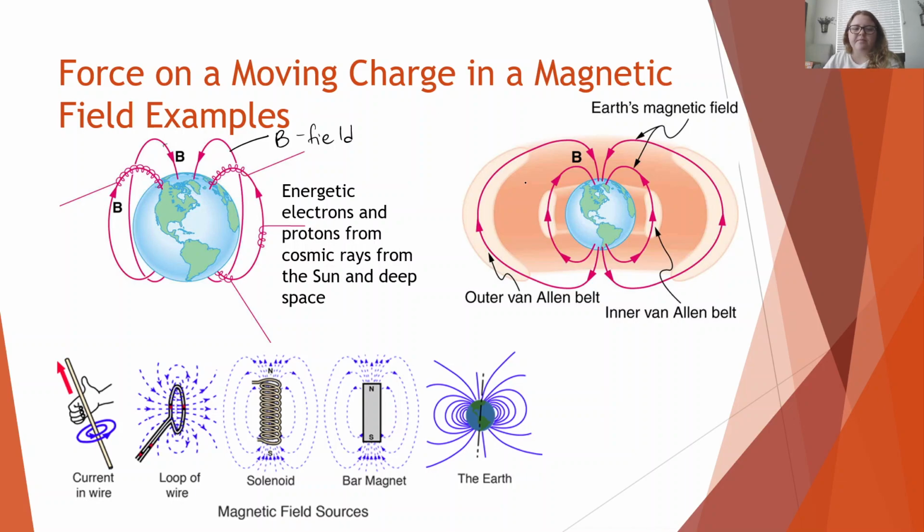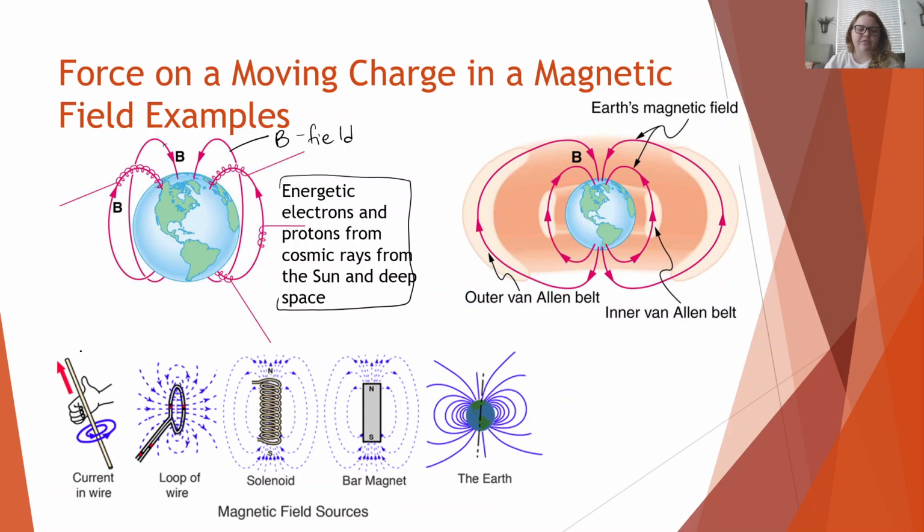So the main idea that I want you to take away from this is that we have energetic electrons and protons that are coming from elsewhere in the solar system and the universe and getting caught on our magnetic field. Okay. So again, the magnetic field is shielding us from those rays.